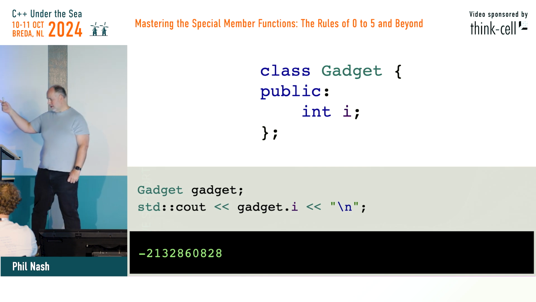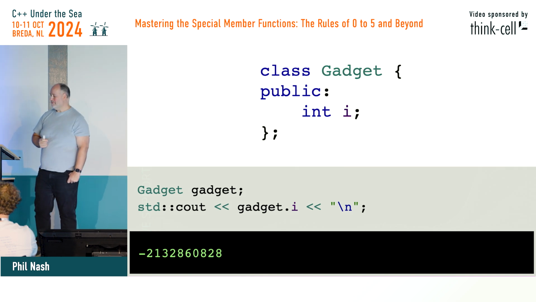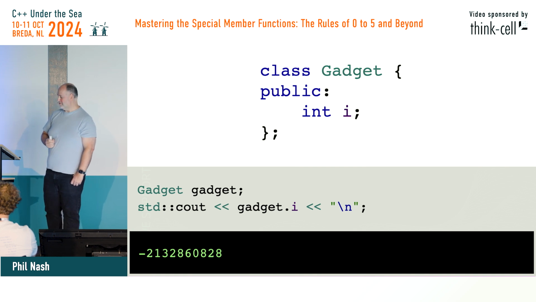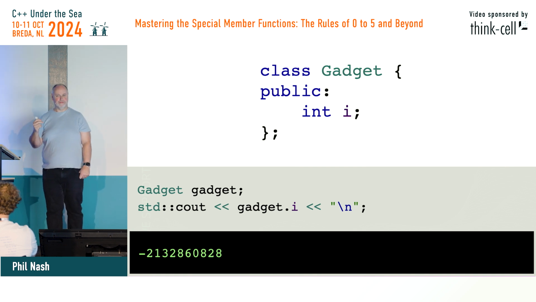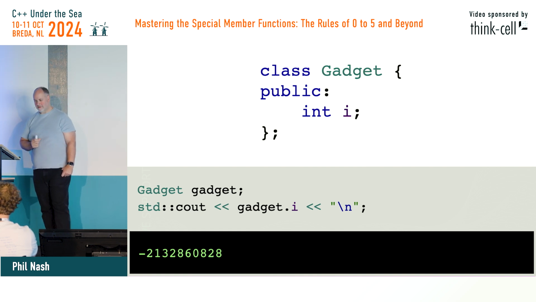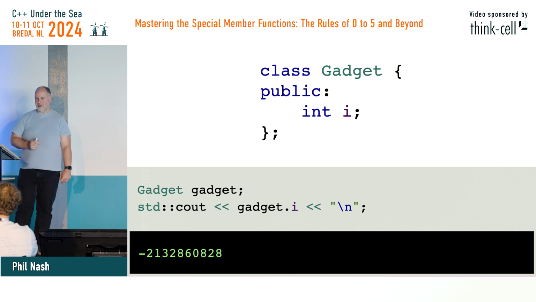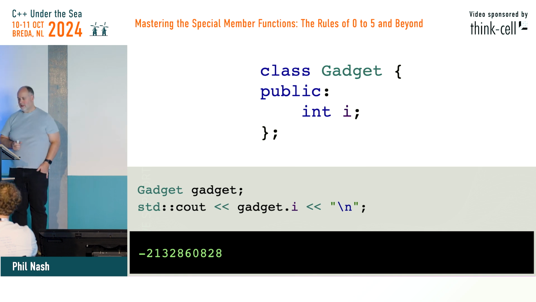Who knew it was going to be minus 2132? Forget the number. Obviously, it's a garbage value because we never actually initialize that integer. So being so easy to leave uninitialized is not necessarily the best thing. Fortunately, we can actually deal with that.